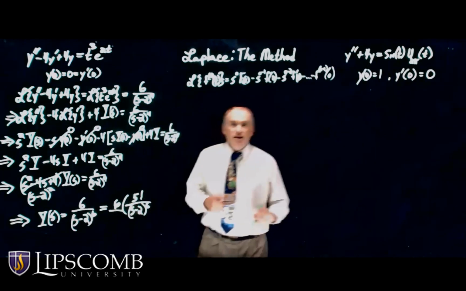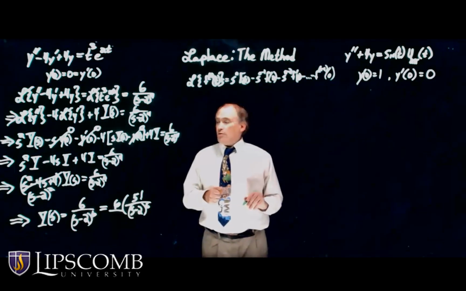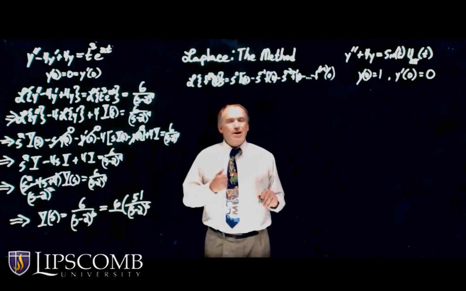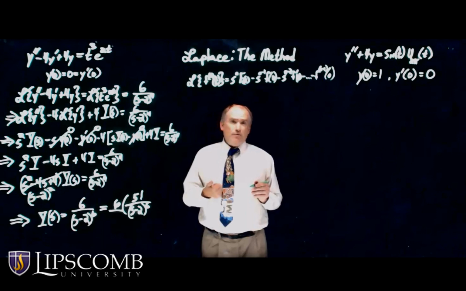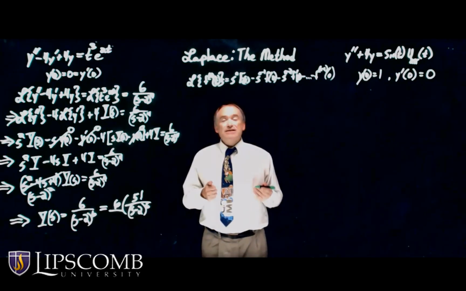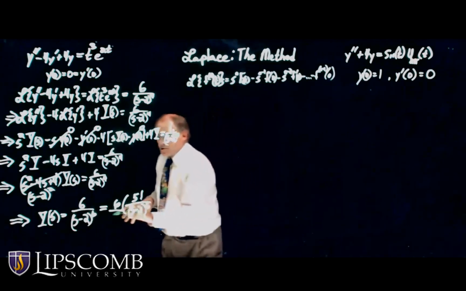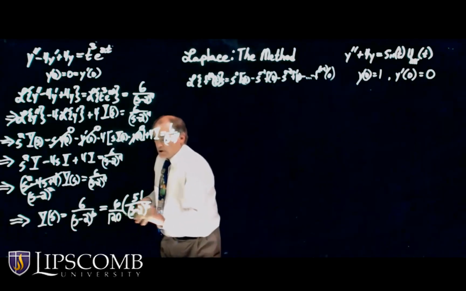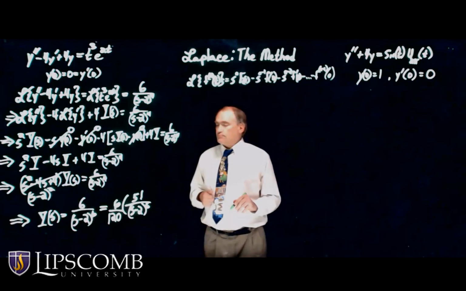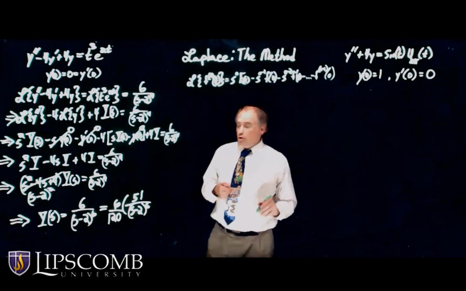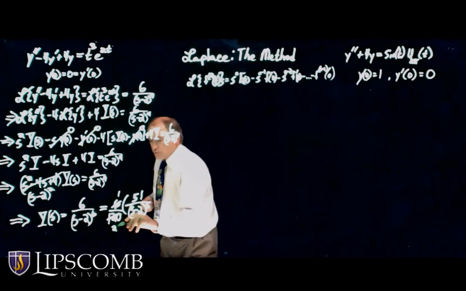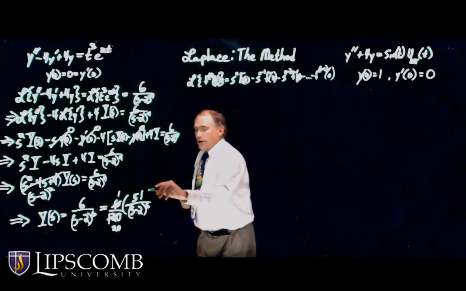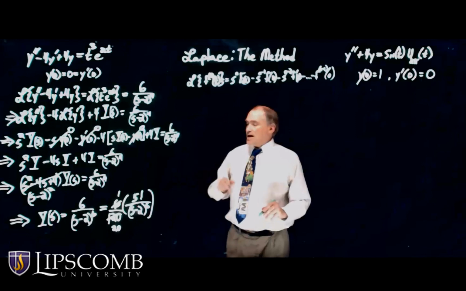But since I multiplied by a 5 factorial, I must divide by a 5 factorial. Well, what is 5 factorial? 5 times 4 is 20, times 3 is 60, times 2 is 120, and of course, times 1. What's 6 over 120? Well, that'd be 1 over 20. So, that's what I have.